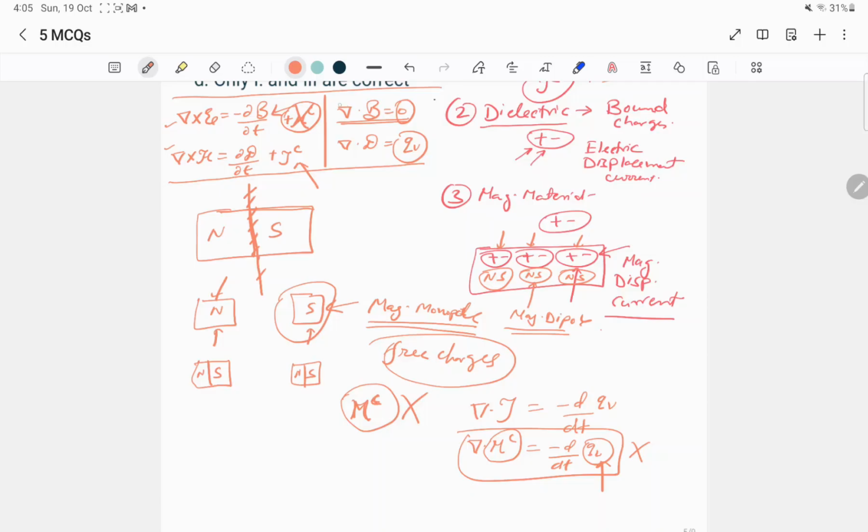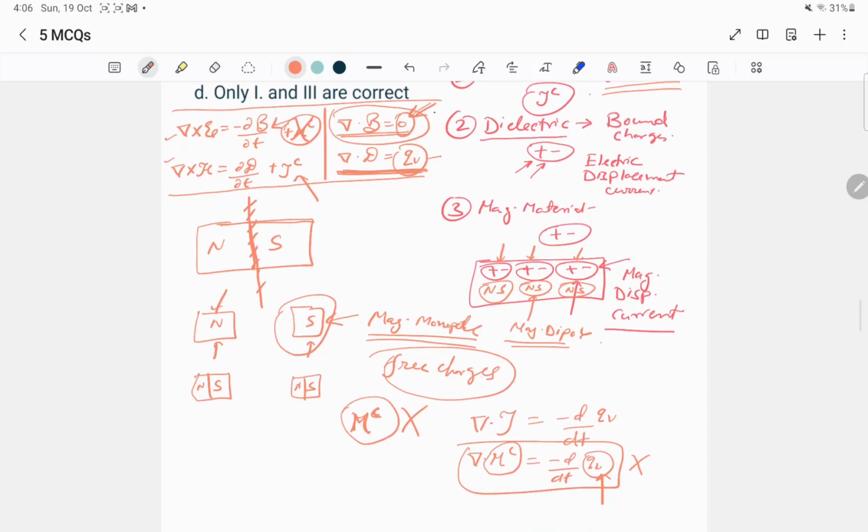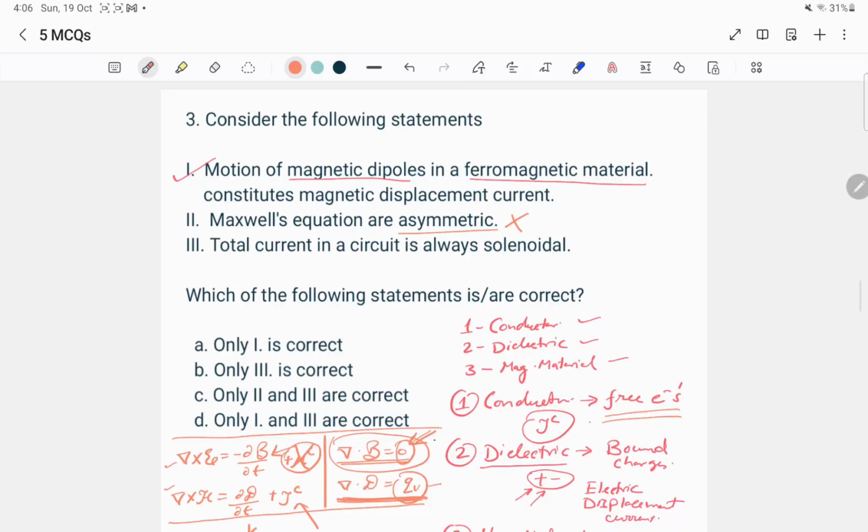That is why in the equation del dot B, the right hand side is 0, because QV in case of a magnet is not possible. In case of electric, it is always possible. That is why del dot D is QV, but del dot B is 0. Understood? So this is the only reason why Maxwell's equations look asymmetric, but in reality they are always symmetric. So statement number 2 is incorrect.